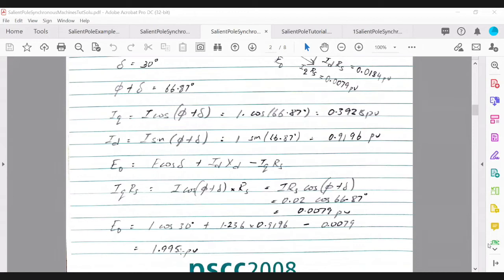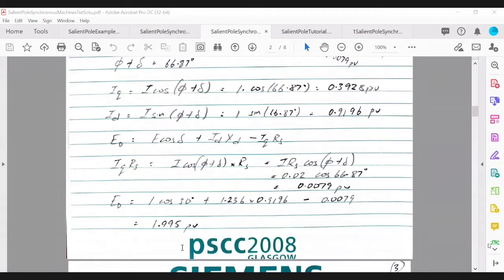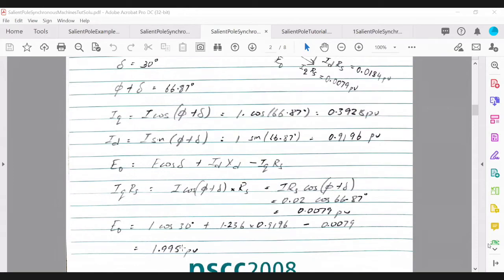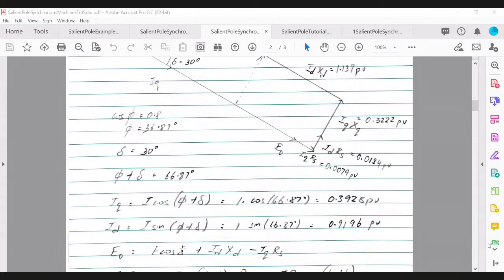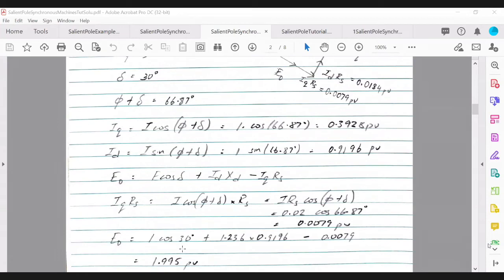Okay, so the value of E naught comes out to be 1.995. We don't need to work out the power for this case, but you can work it out on your own if you wish.